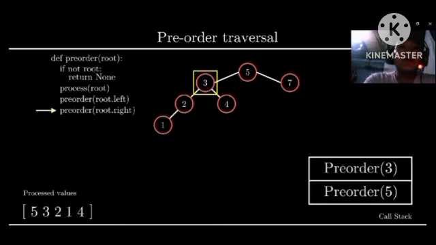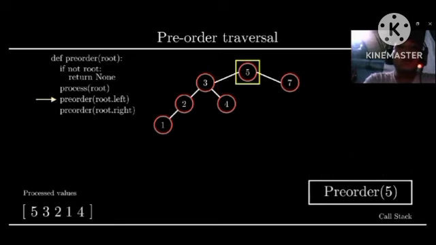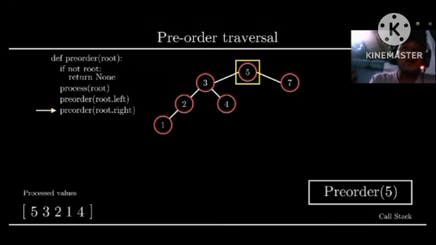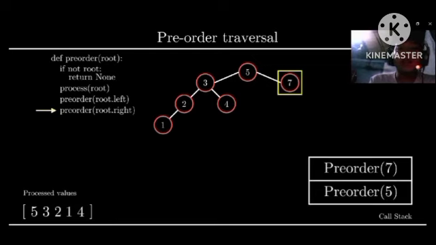Since we finished traversing all of pre-order 3, we pop pre-order 3 off the call stack and go back to pre-order 5. Since pre-order 5 has 7 as its right subtree, we push pre-order 7 into the call stack and we process the value 7 and see that there are no subtrees left in 7, so we are done.